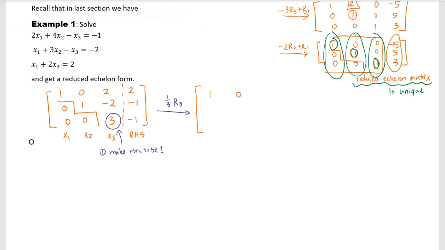The first row stays the same, and the second row stays the same. The last row divided by 3, and so we get 1, and here we get minus 1/3.